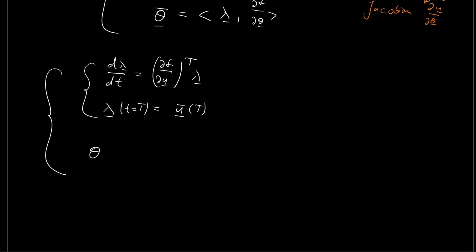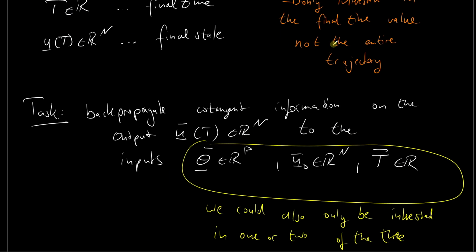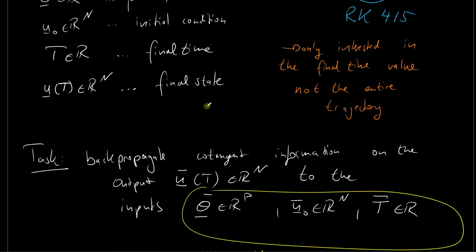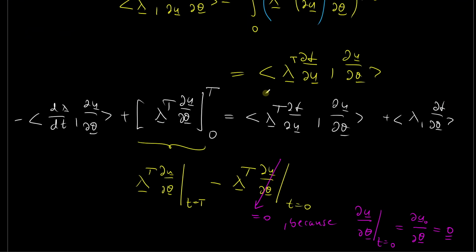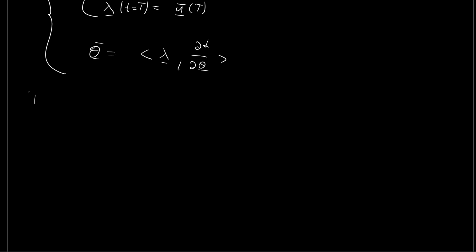And then we will find that the parameter cotangent is given as the inner product of this with respect to theta. Okay, let's use a similar verbal notation as we had for the primal problem. If I go all the way up here, you see that the primal problem was set kind of verbose in that it is the solution to an ordinary differential equation. Let's say that we find the adjoint variable similarly. Let me also say that this is a two-stage process.